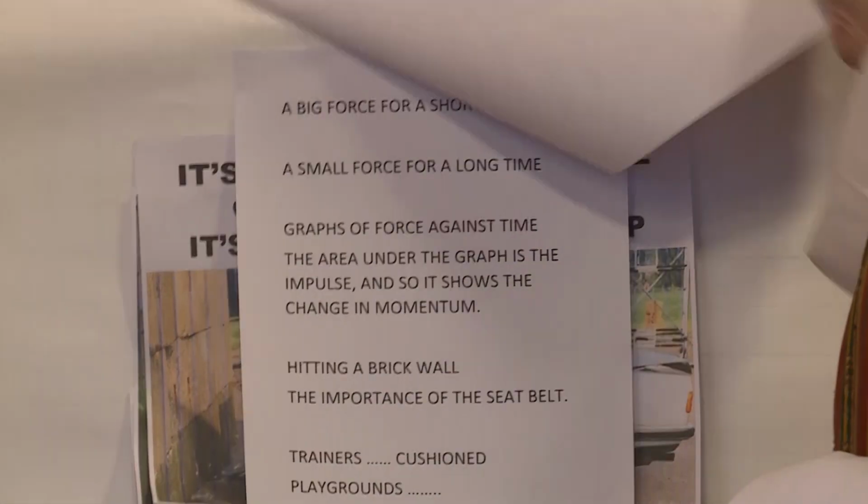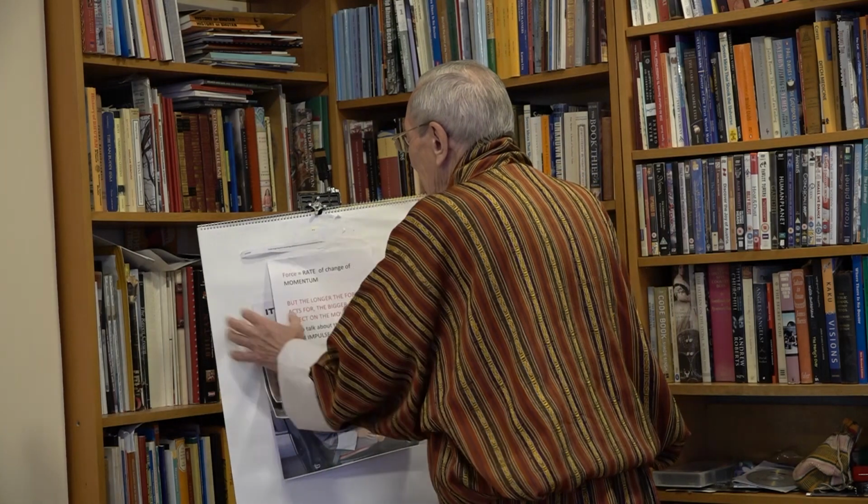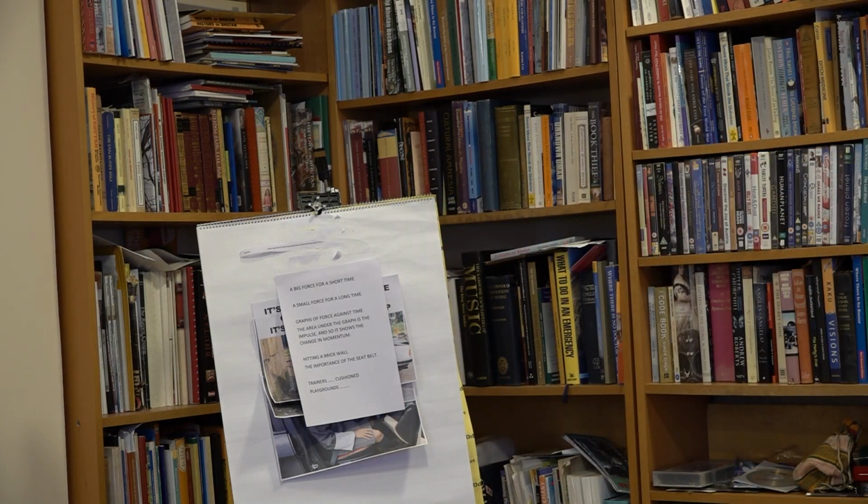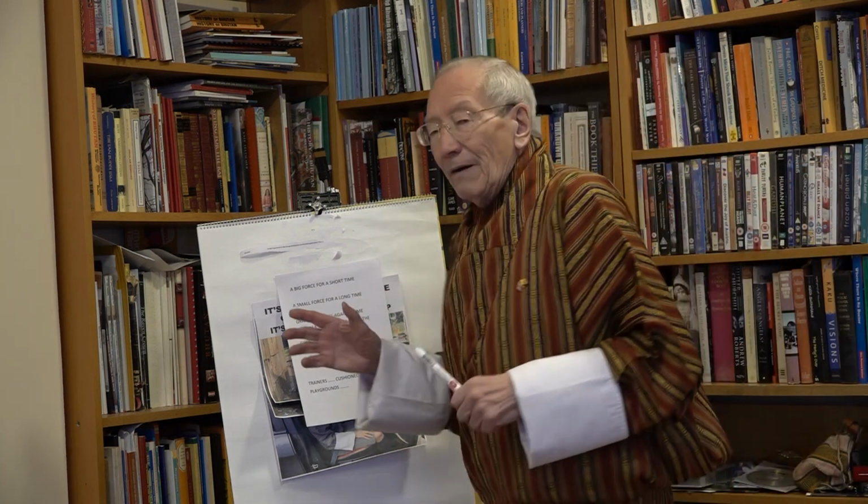And remember the word impulse, because impulse is the change in momentum, and I can have the same change in momentum by exerting a small force for a long time, or a big force for a short time.